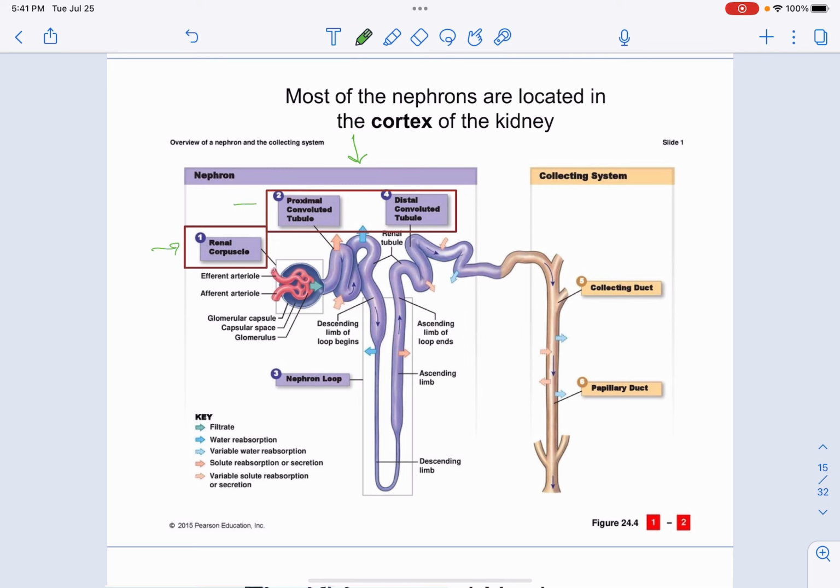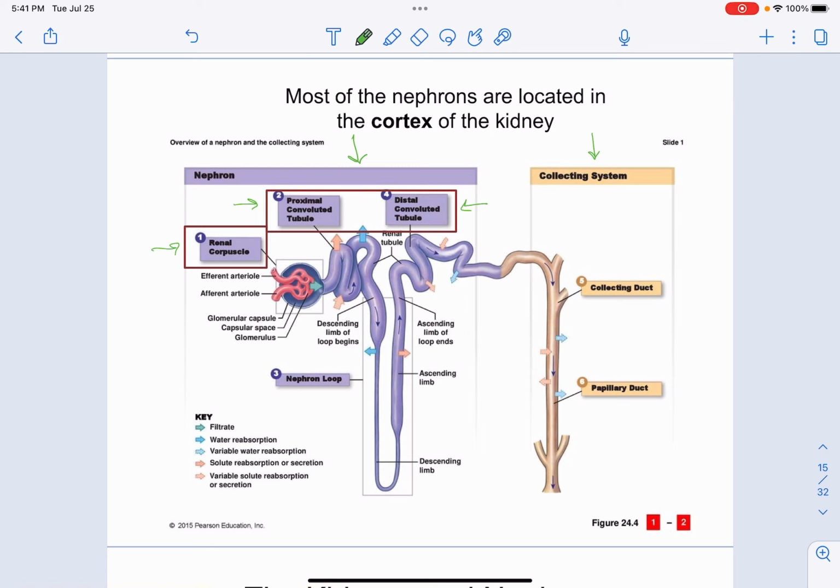There's a proximal convoluted tubule and a distal convoluted tubule, named based on their location to the renal corpuscle. And then finally, we'll talk about this collecting system.